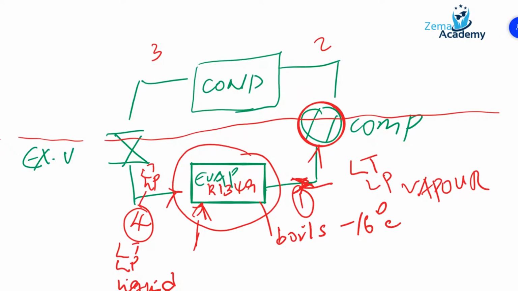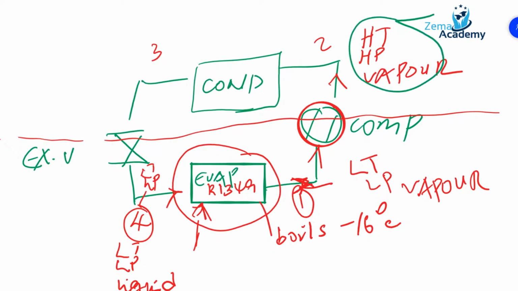The benefit of a vapor or a gas is that by compressing it, reducing its volume, we are able to change its properties. So we use the compressor to reduce the volume of that low temperature and low pressure vapor, and therefore it comes out at high temperature and high pressure vapor. And that is actually what we use for our application.